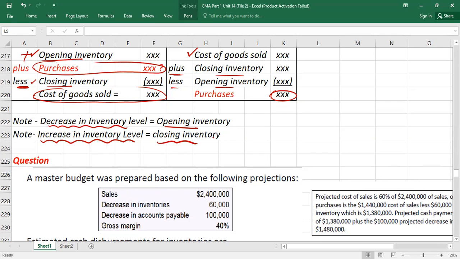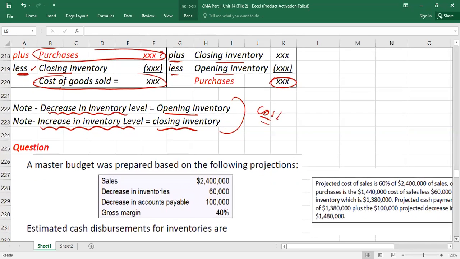These concepts we will study under costing once we do the profit reconciliation, etc. But just remember, this is the term he can use. So decrease in inventory level is treated as opening inventory, and increase in inventory level is treated as closing inventory.